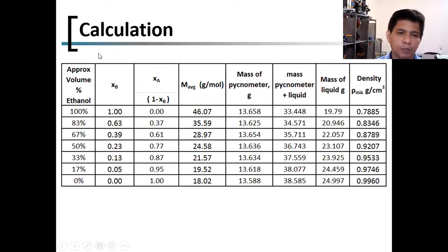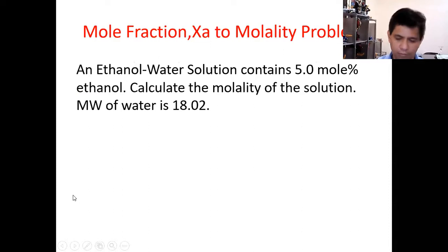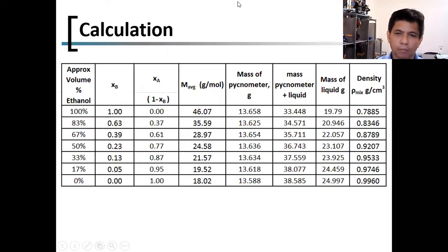So x sub B is equal to n sub B divided by n sub A plus n sub B. That's basic. Then x sub A is basically 1 minus x sub B.